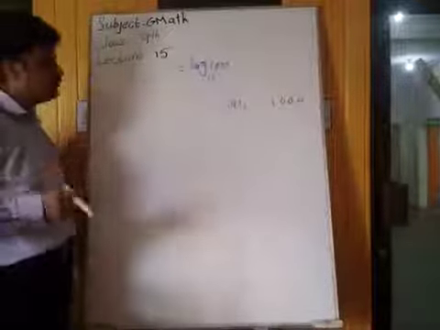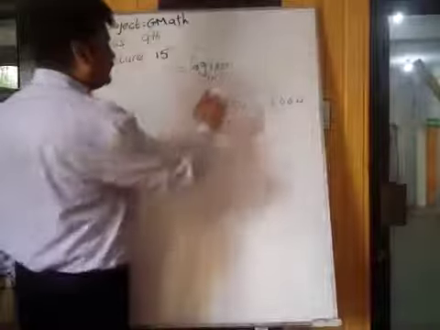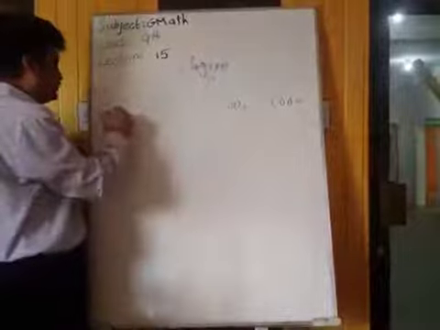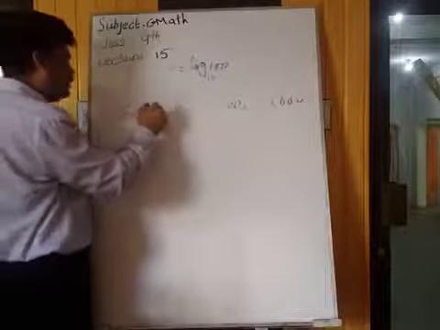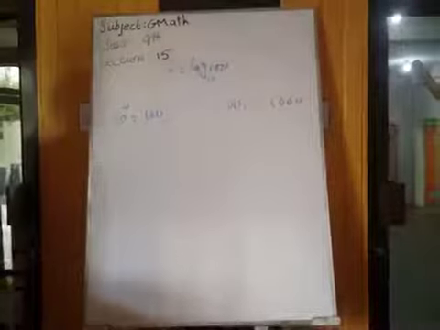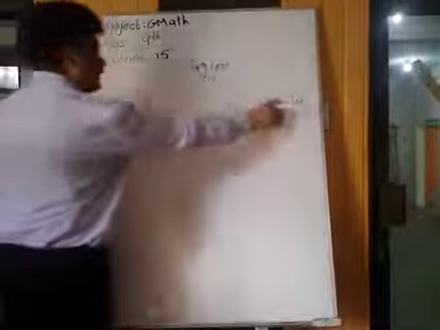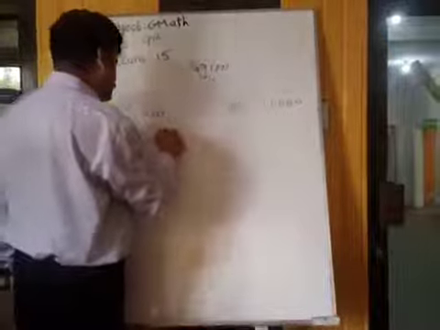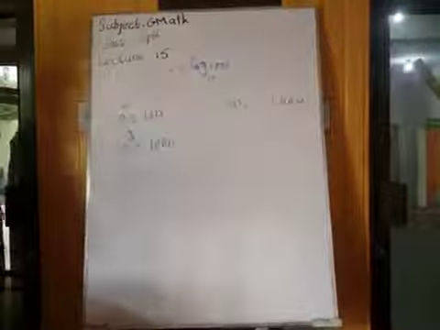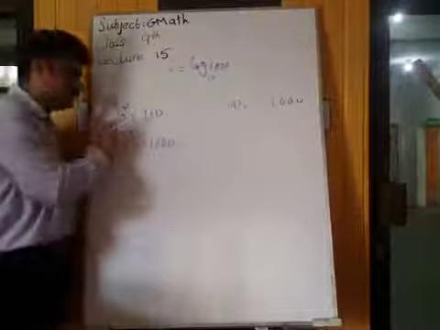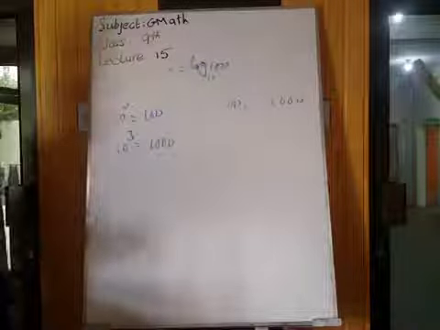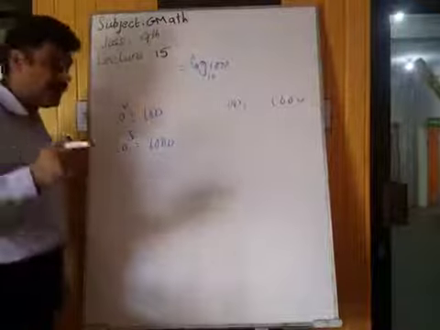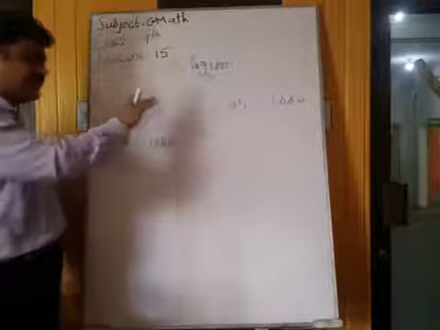When we solve this, we write 10 raised to the power 2 is equal to 100, and 10 raised to the power 3 is equal to 1000. It means the log of 100 is 2, and the log of 1000 is 3. We have to find the log of a number which is between 100 and 1000.